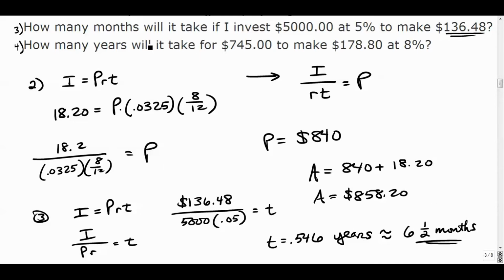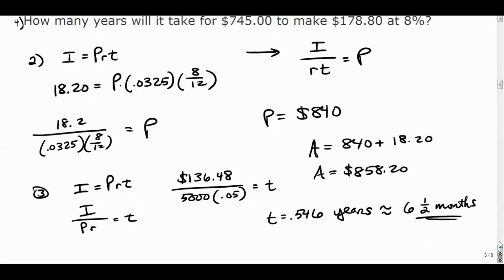Number 4, how many years will it take for that principal, 745, to make this much interest at that rate? So I equals PRT. And this time again we're looking for time in years, so it should be a little easier. Let me get T by itself.